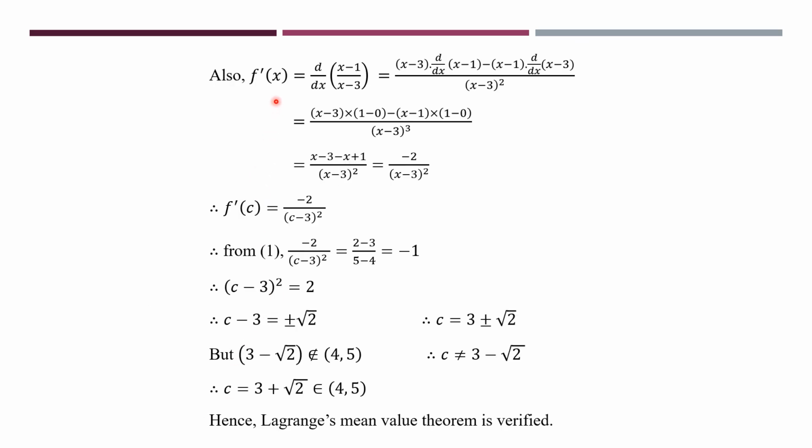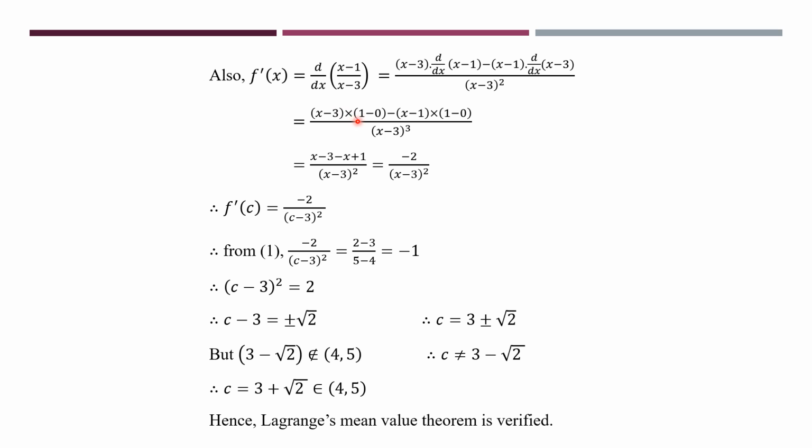Also find its derivative f dash of x, that is d by dx of x minus 1 divided by x minus 3. We use the formula of u divided by v, that is v square, x minus 3 square. Here v is x minus 3 as it is, derivative of u, x minus 1, minus u as it is and derivative of v. x minus 3 as it is, derivative of x is 1 minus derivative of 1 is 0, minus x minus 1 as it is, derivative of x is 1, derivative of minus 3 is 0, divided by x minus 3 square.